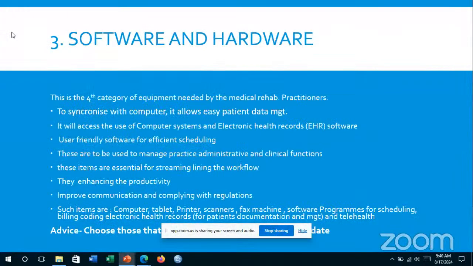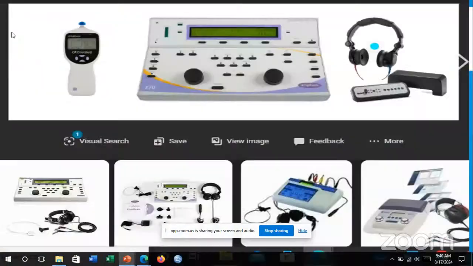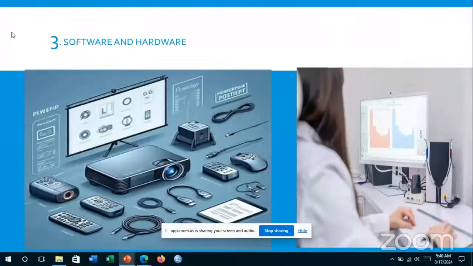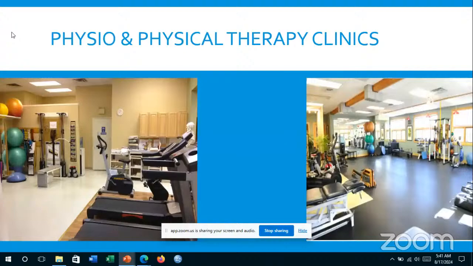So when you are doing all this to set up your equipment, don't forget the calibration part. Every equipment must be well calibrated before use. It will ensure accuracy. Then acoustic considerations as well, including reverberation time and sound reflections. You need to minimize all this because it has an impact on the test results. Then standardized testing protocols will help us ensure consistency and accuracy.